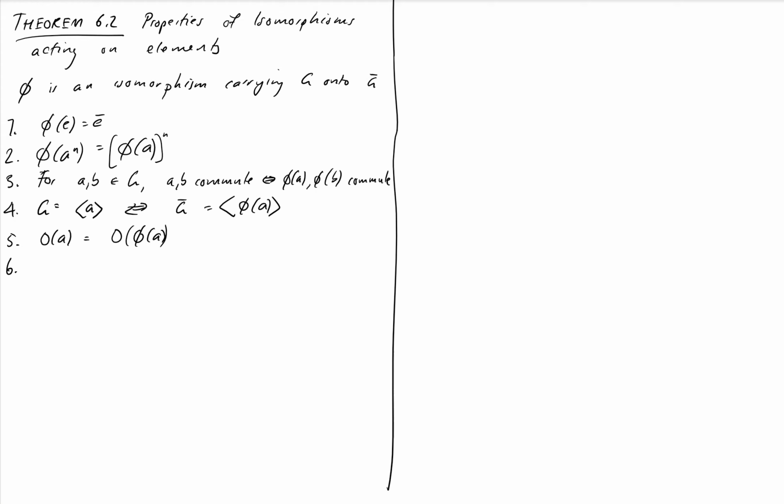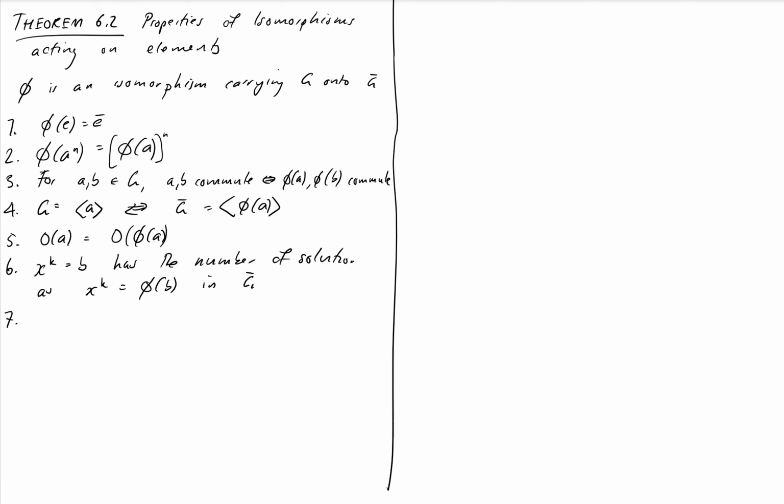Pretty much anything we come up with is going to be the same on both sides. Okay, so to do with equations, x to the k equals b has the same number of solutions as x to the k equals phi of b in G bar.